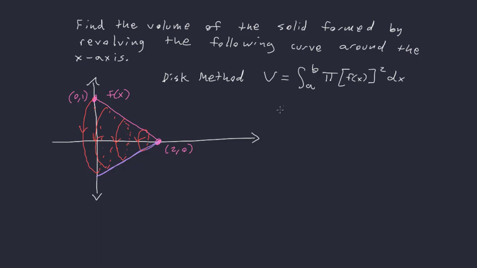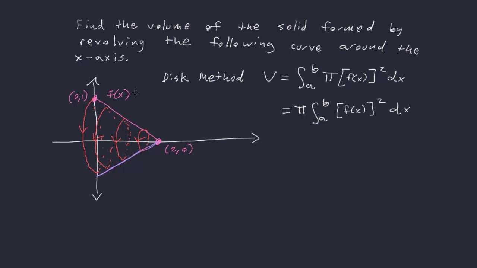Well, this is often simplified with the pi on the outside: pi times the integral from a to b of f of x all squared dx. So we need to find what f of x is. Well, here it's a line going from (0, 1) to (2, 0).